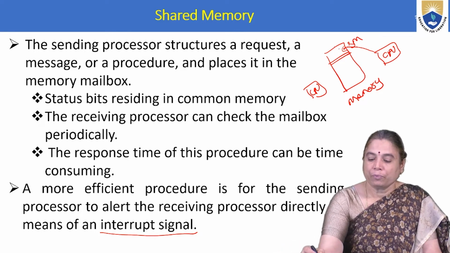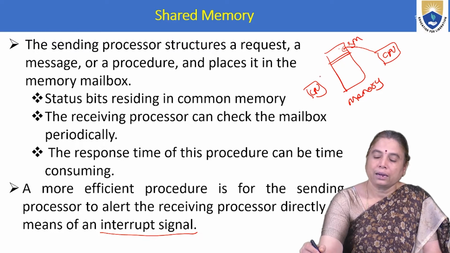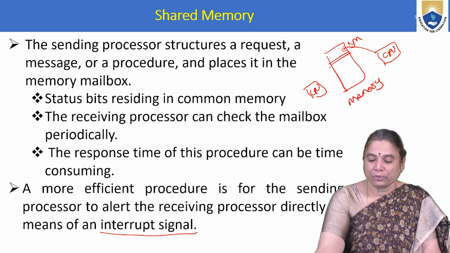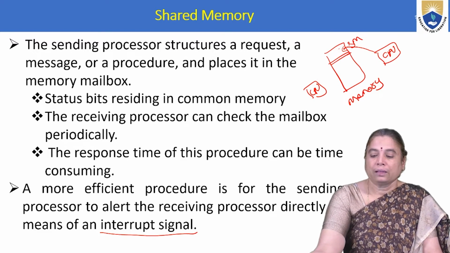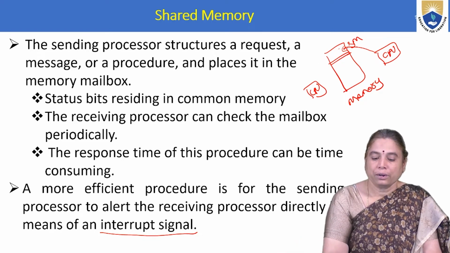For whichever CPU the message is created, the CPUs that are connected with this shared memory can regularly monitor the mailbox of the concerned processors, to see whether any message related to that processor is placed in the shared memory.